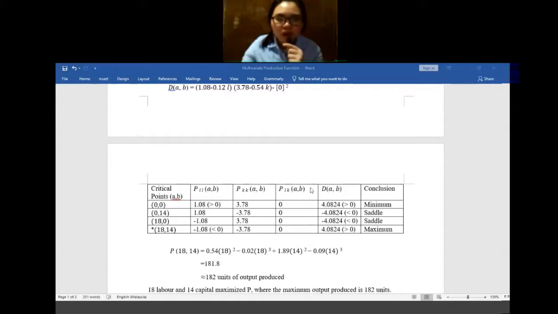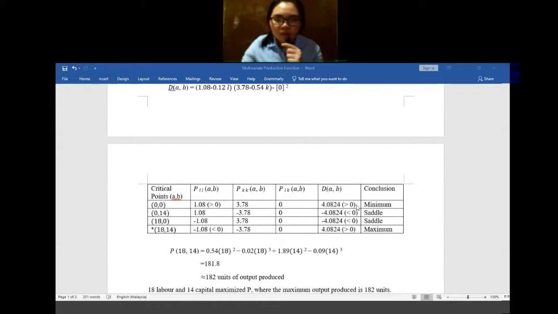and the function D. On the critical point (0, 0), we can know that the function D is greater than 0. And the second derivative of P with respect to L is also greater than 0. So we can know that the critical point (0, 0) is a minimum. And the next critical points (0, 14) and also (18, 0), for both critical points, D is less than 0.